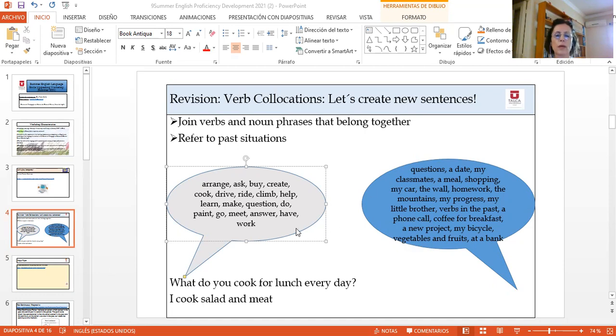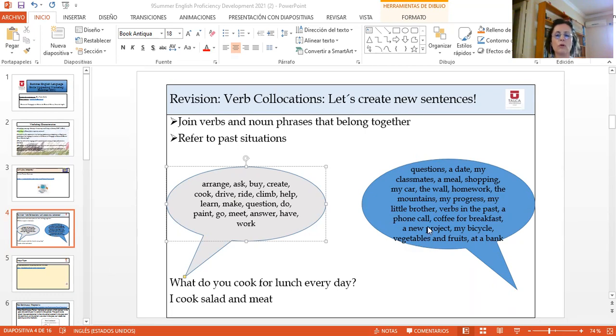And with this collocation, so you do exercise, you do homework, you climb the mountains, you make a phone call, a salad, a cake.